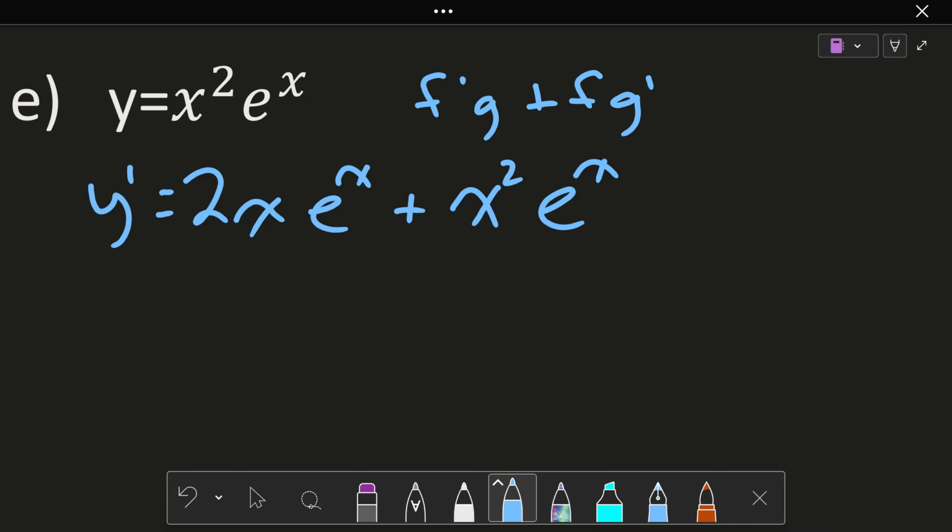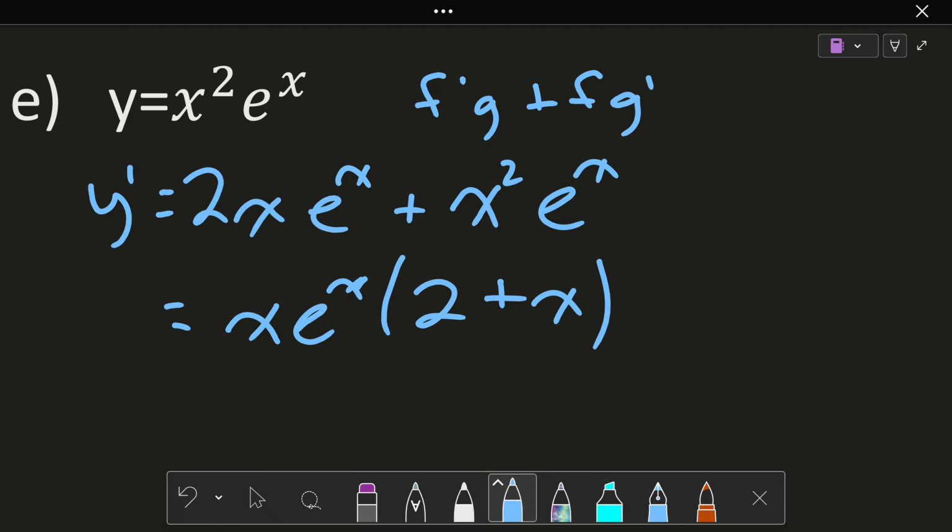It's just 1. So it's not really a different rule. We're always just timesing it by the derivative of the exponent times the original function. But in this case, the derivative of x is 1, so I don't need to write it down. And I could make this look a little bit nicer. I could take out an x e to the x, and I could be left with 2 plus x. So I can write it kind of nicely.